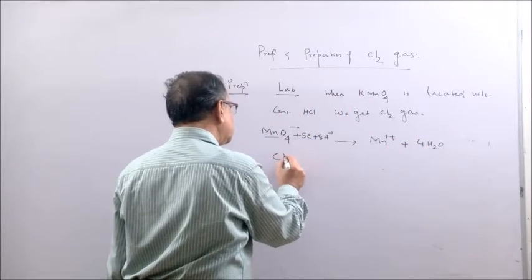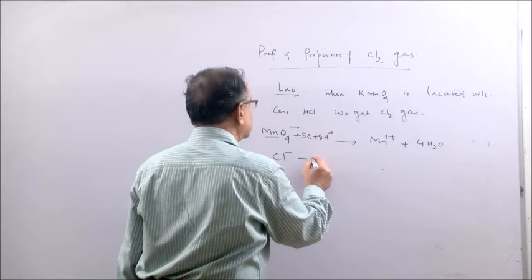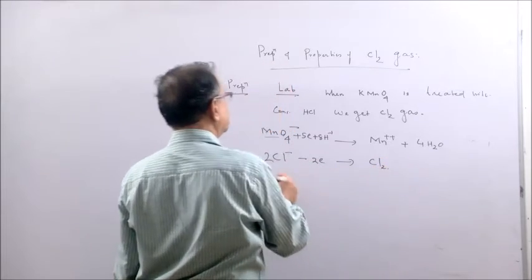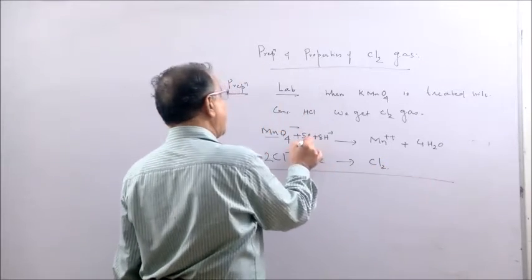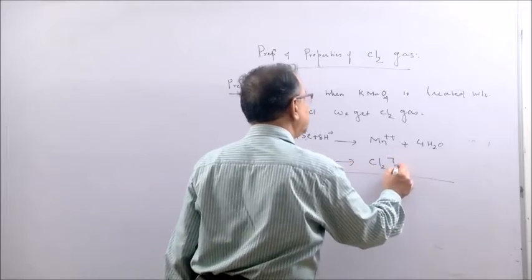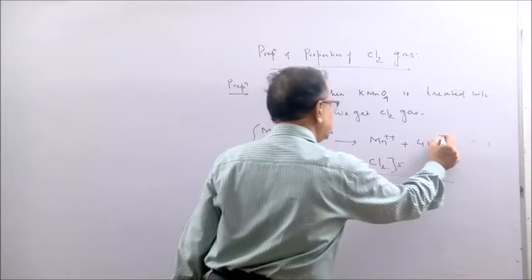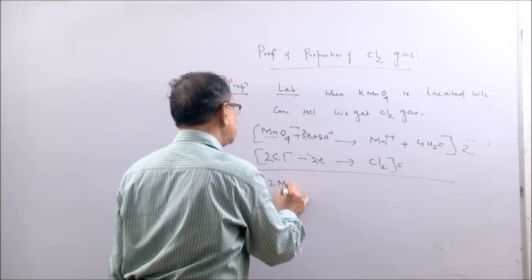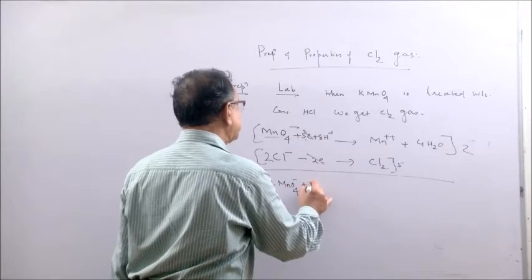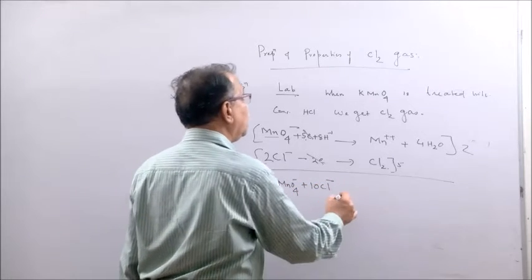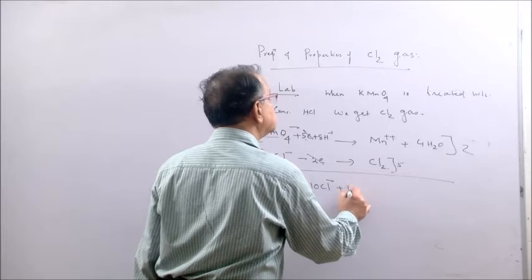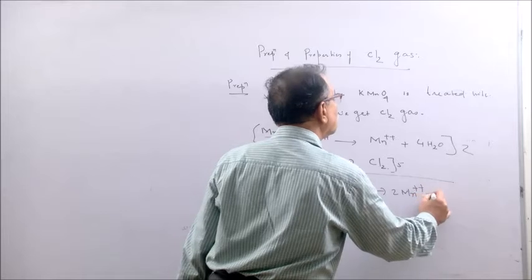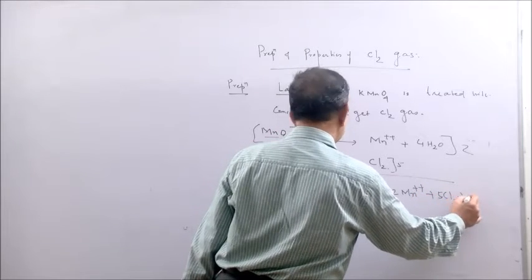And 2Cl minus minus 2e forms chlorine. It is a very easy method. Multiply the first by 2 and the second by 5 and cancel the electrons. We get 2MnO4 minus plus 10Cl minus plus 16H plus gives 2Mn2+ plus 5Cl2 plus 8H2O.